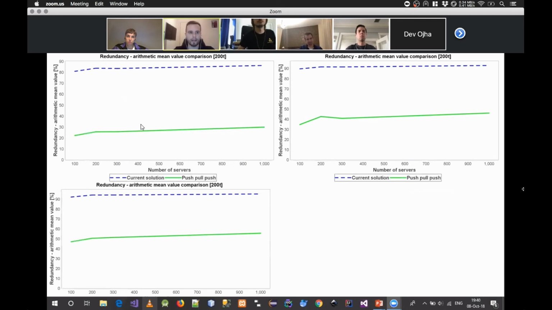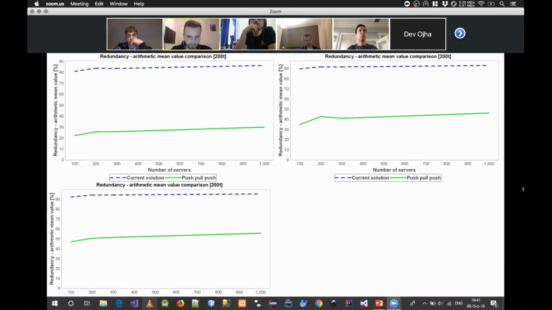So we may see that the push-pull-push gossiping algorithm shows significant improvements regarding redundancy, especially for the optimal size of the peer subset, which is ln. When increasing the size of the peer subset, we may see that the redundancy increases as well, but this is expected since by increasing the peer subset, we have more links in the network graph, and a transaction can travel through more paths and reach the same server via many different paths, thus leading to the reception of a larger number of redundant messages.